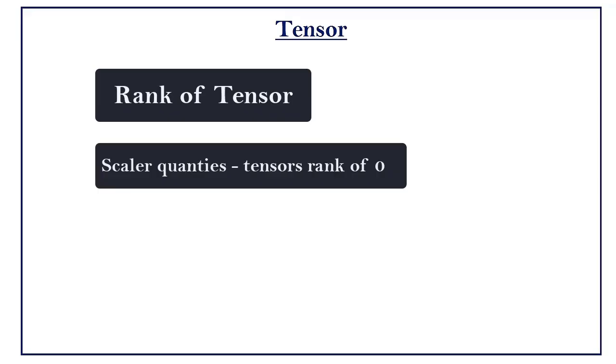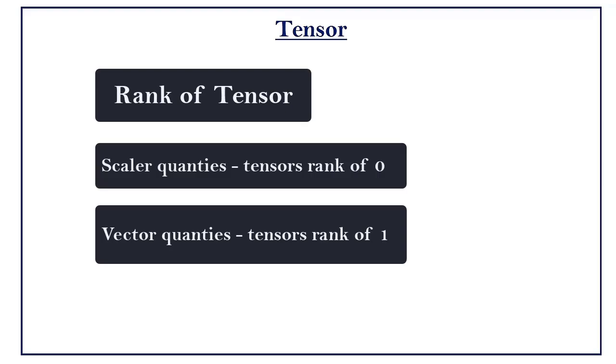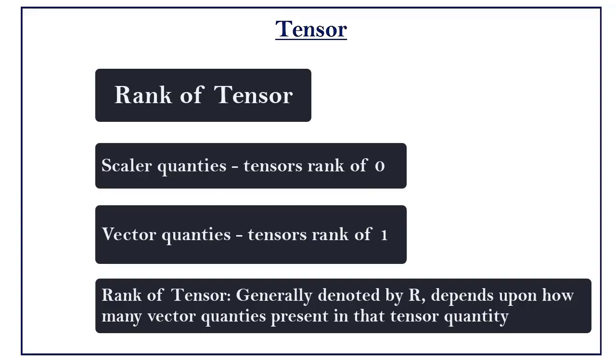Vector quantities are tensors of rank 1, and for tensor quantities, the rank can be denoted as R, depending upon how many vector quantities are present in that tensor quantity. For example, the rank of the above mentioned two tensor quantities is 2, because two vector quantities are present in both the tensors.